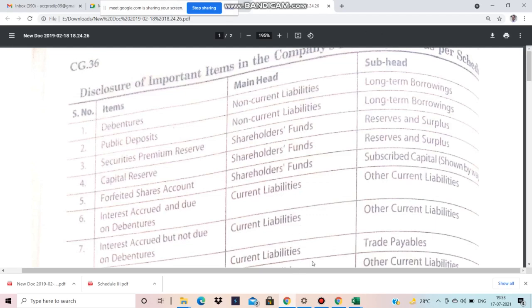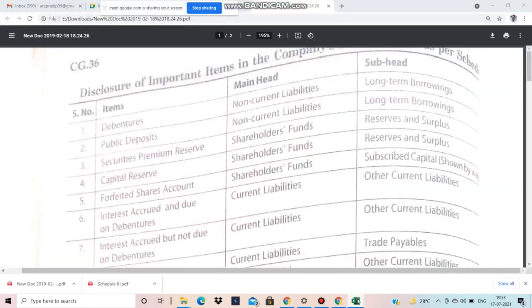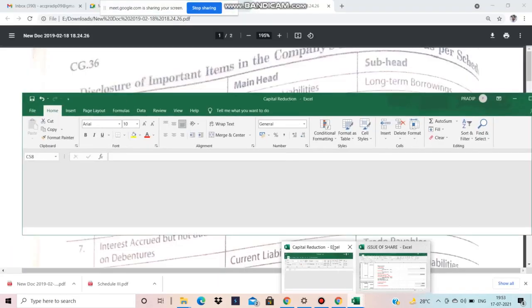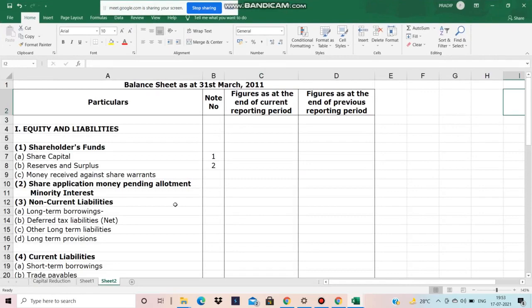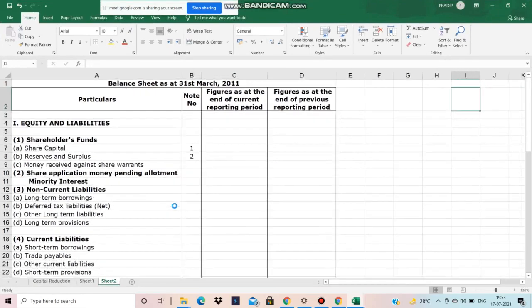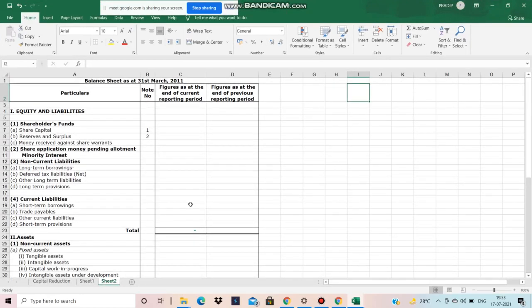What is the format? First, let's see the format of the balance sheet. This is the format of the balance sheet as per the Companies Act 2013, and it should be maintained by any private limited company and limited company as per the provisions of the Companies Act 2013.